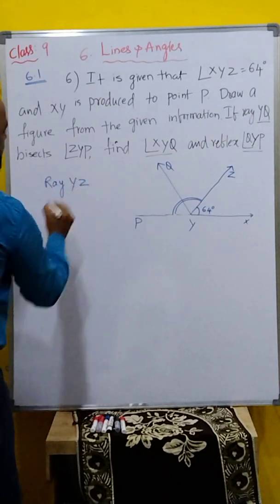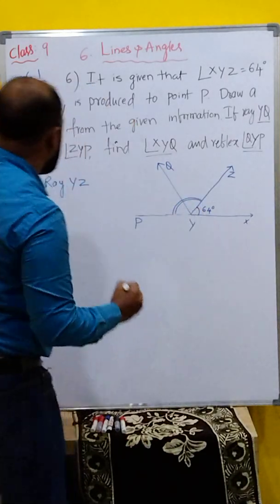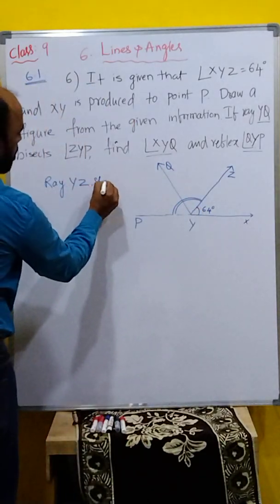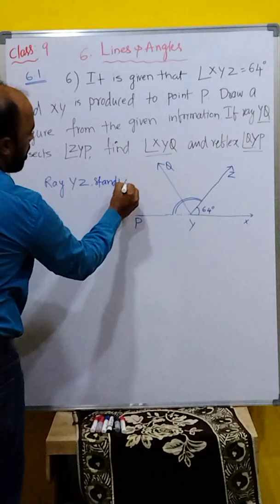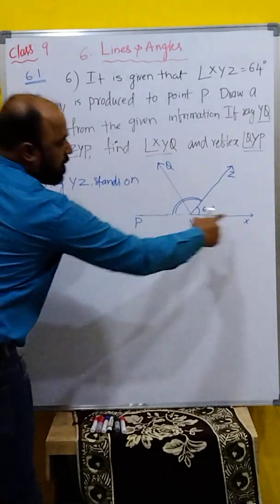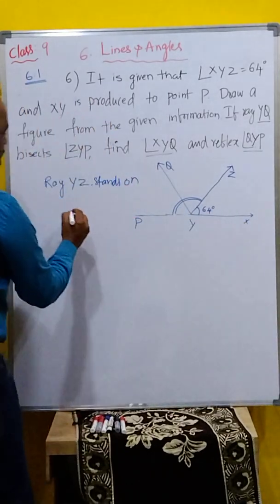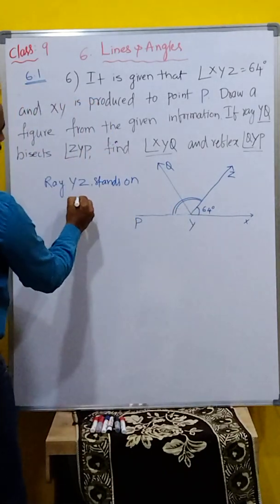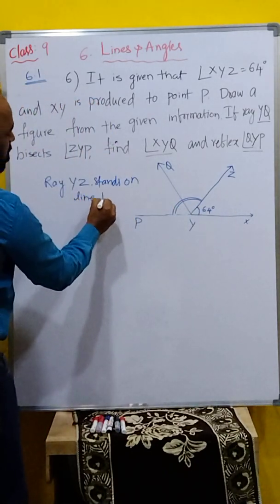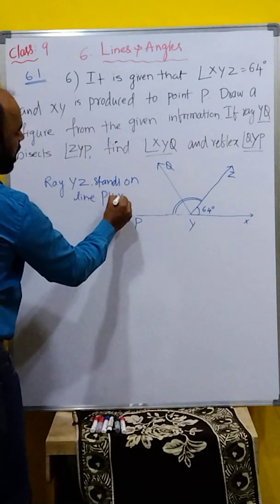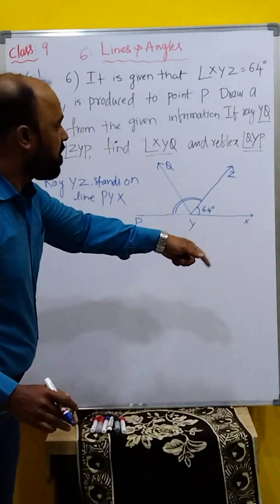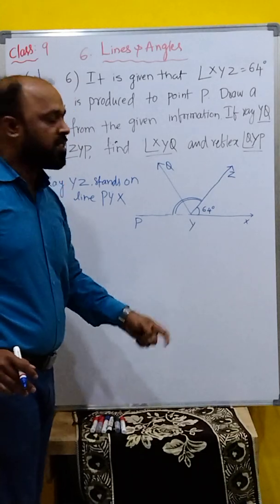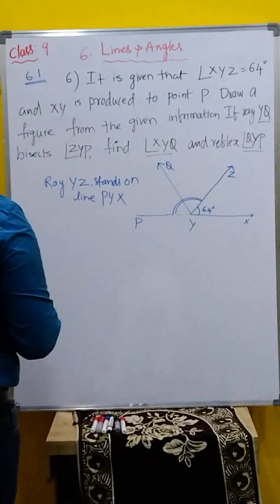Ray YZ stands on the line PYX. Observe. If it is a line, we know the sum of these three angles is equal to 180. Clear, children?